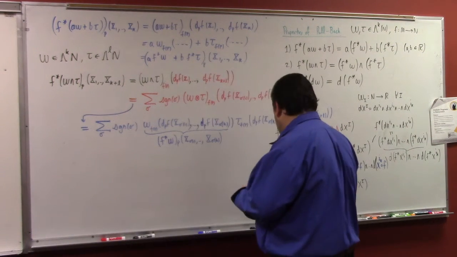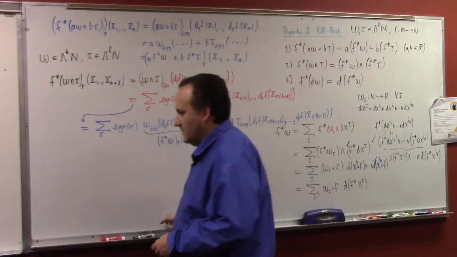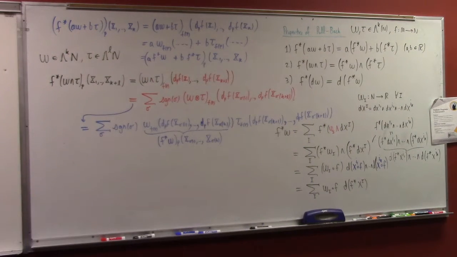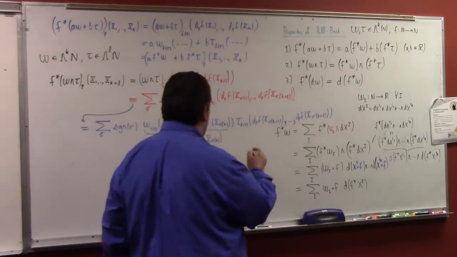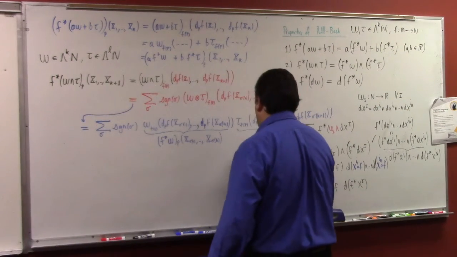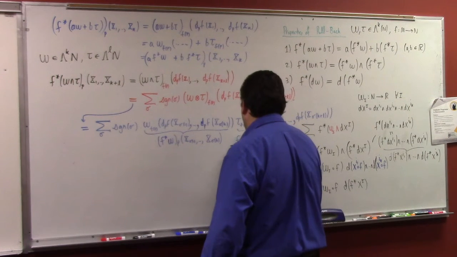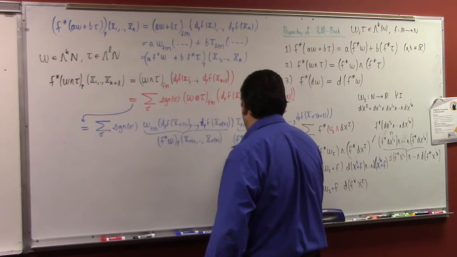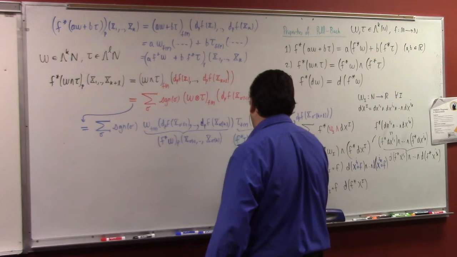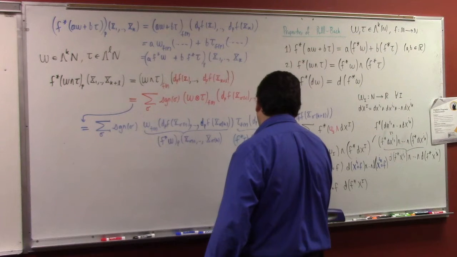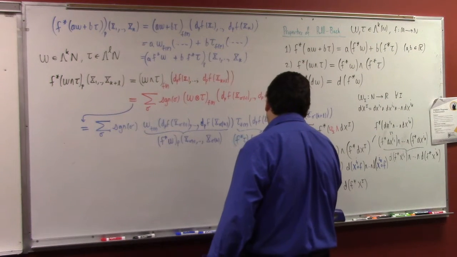And likewise, the other guy over there, pullback f star of tau at p, acting on x sigma k plus 1, x sigma k plus L.